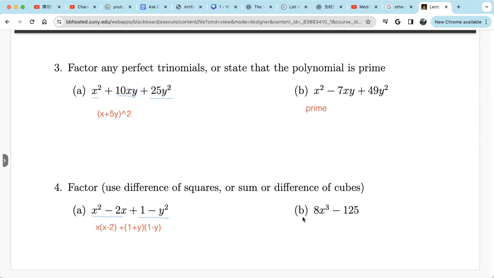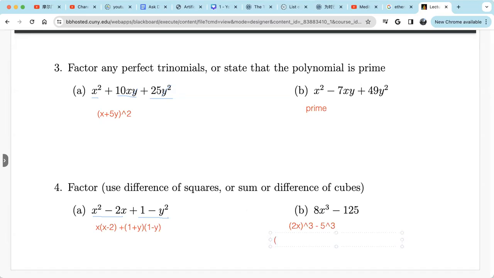Let's see B. B is a difference of 2 cubes, because this can be written as 2x cubed, because 8 is 2 cubed, minus 125, which is 5 cubed. The difference of 2 cubes has a formula.